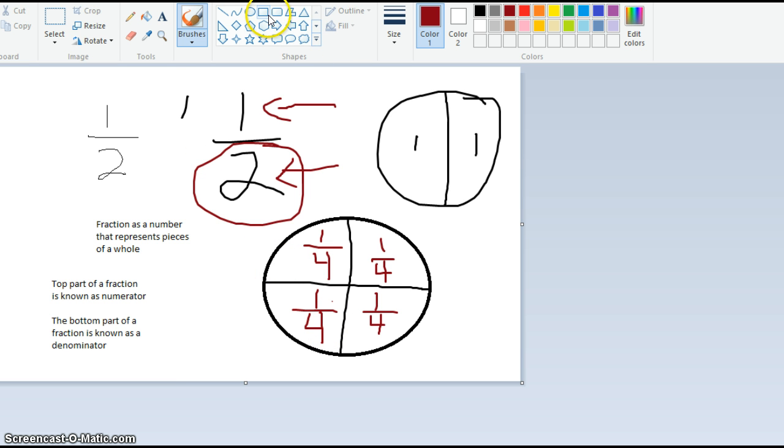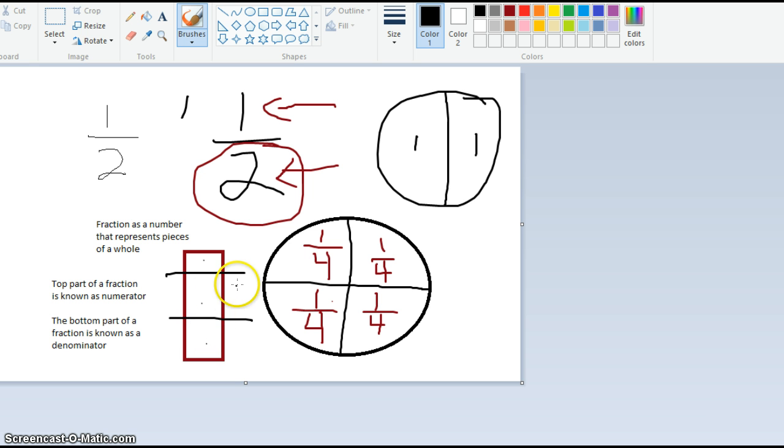So let's look at this in a slightly different way. If I gave you, let's say, a candy bar. Imagine this red box here is a candy bar. Let's say I'm sitting in a room right now with 3 people, and I need to split this into 3 pieces. So what I'm going to do is simply split it once and twice, so that I have 1 piece here, 1 piece here, and 1 piece here.